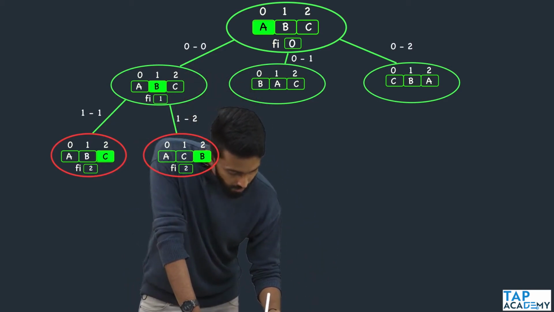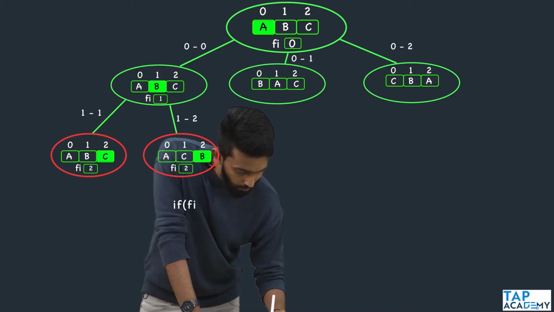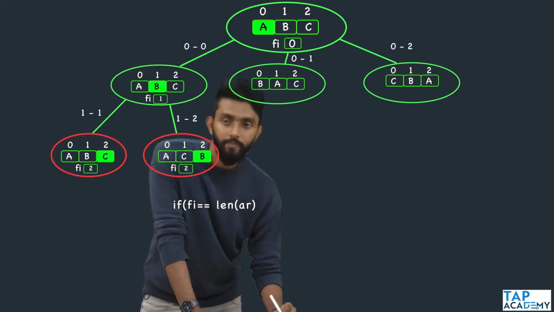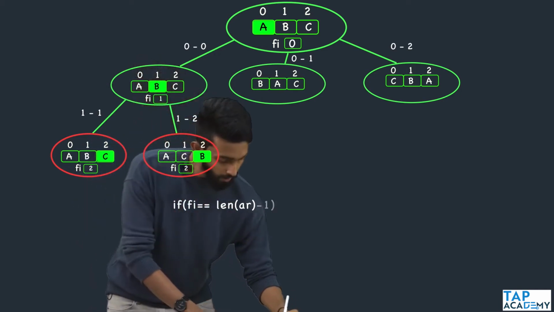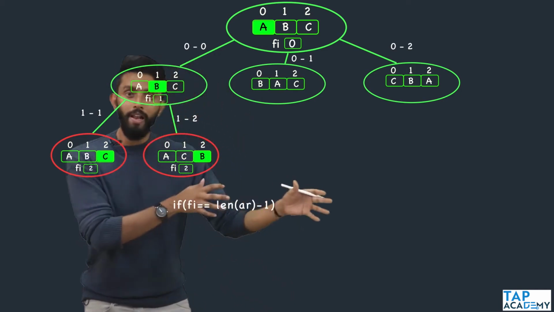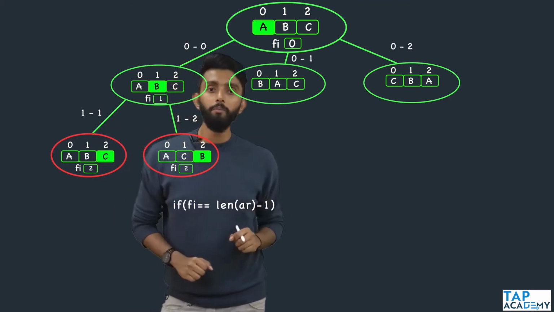Can I say like this? If the first index value is equal to the length of my array minus 1. The length of my array will give me 3, but this is 2, so -1. You know from the length how to get the last index. If this is the case, then I'll hit a base condition.